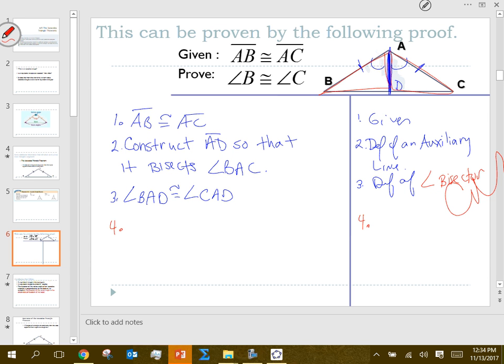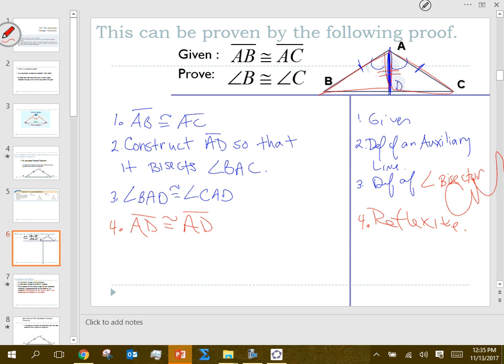So right now we've got two congruencies in the triangle on the left compared to the triangle on the right. What's the third congruency that we could use there? AD is congruent to AD, right? Reflexive property. So those two triangles now have three parts that are congruent, right?